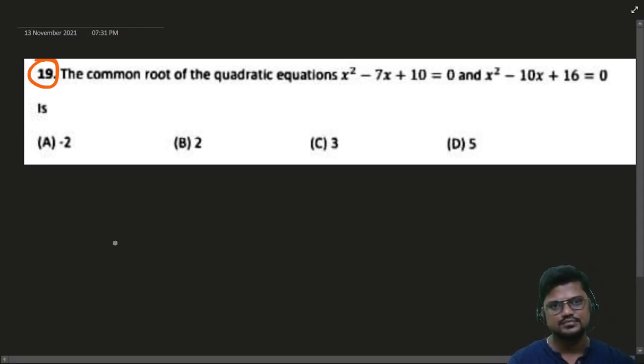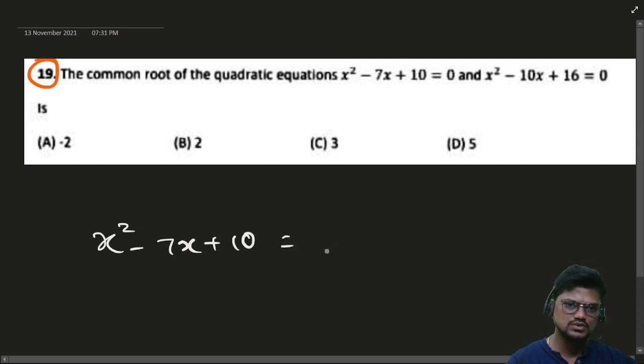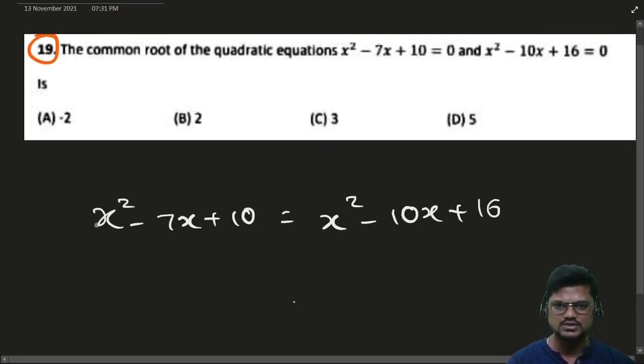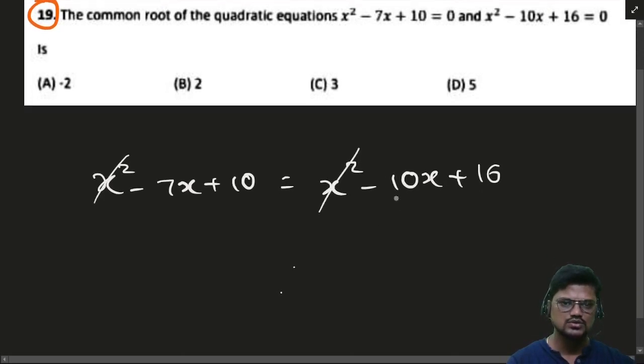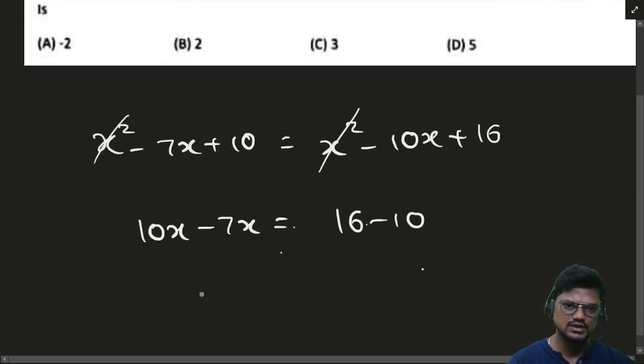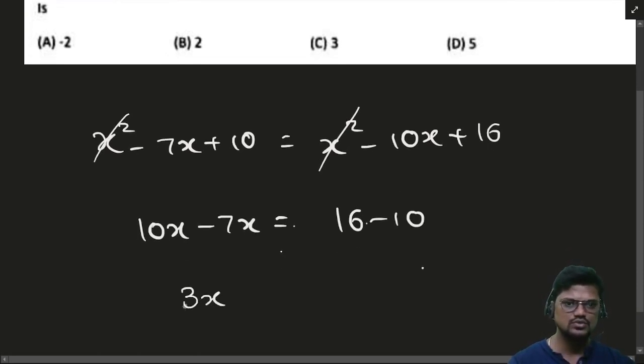That is x square minus 7x plus 10 equals x square minus 10x plus 16. So this x square gets cancelled. So minus 10x minus 7x will be equal to 16 minus 10. So that is 3x. No, no, no, no. You cannot.